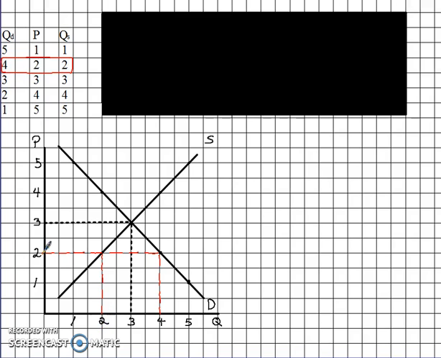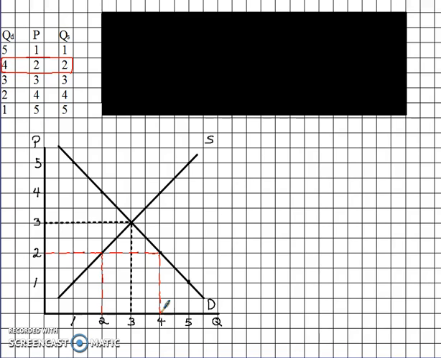So when the price is $2, producers are willing to produce only 2 units of the good, but the consumer wants to buy 4 units of the good. Let me say that again: when the price is $2, producers want to bring 2 units of the good to market, but consumers want to buy 4 units of the good.